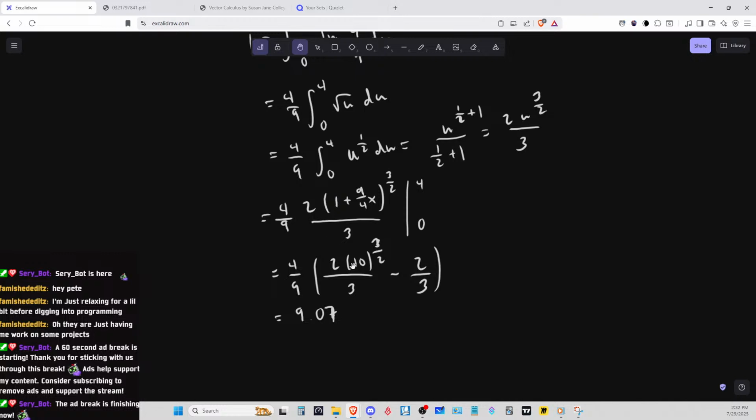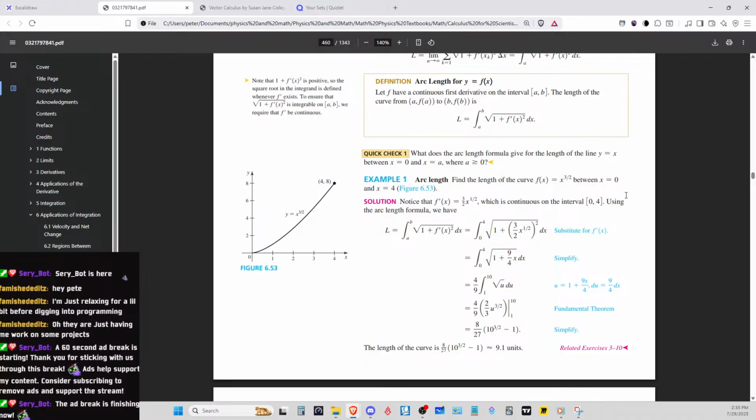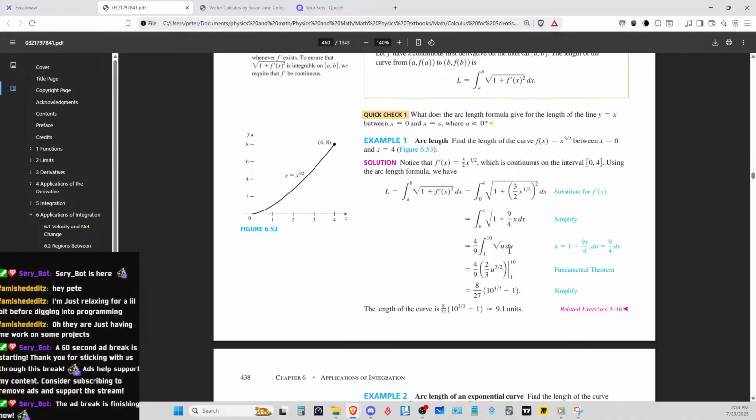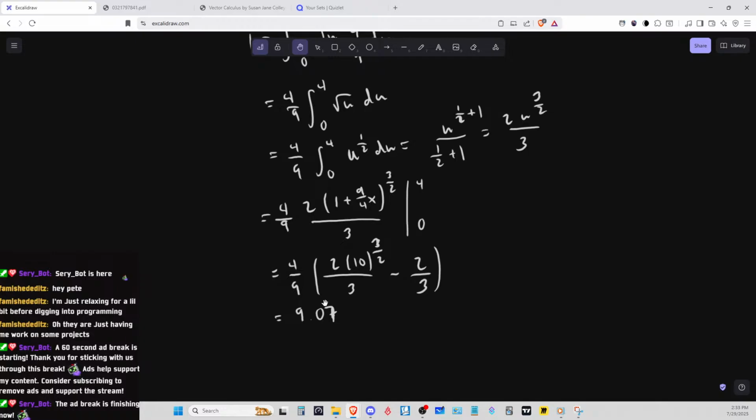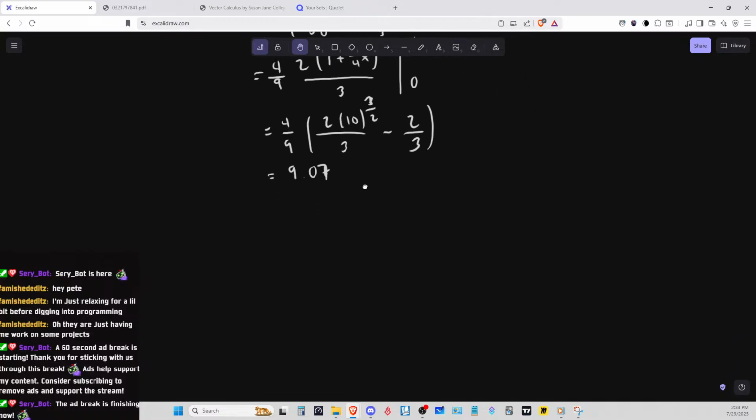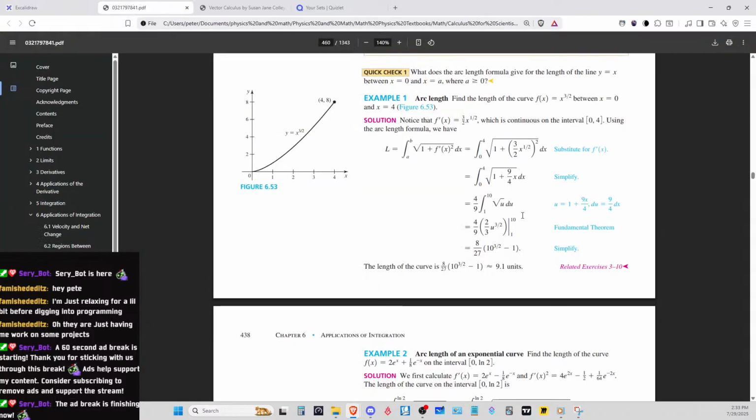This, and then that would be 0. Yeah, that would leave us with 1 here. And I think we did everything right. Let's see what they have in the example here. Yep, it looks pretty accurate. They got 9.1, so they reduced it. I mean, they rounded it up, but we got the same thing. So okay, that was pretty good.